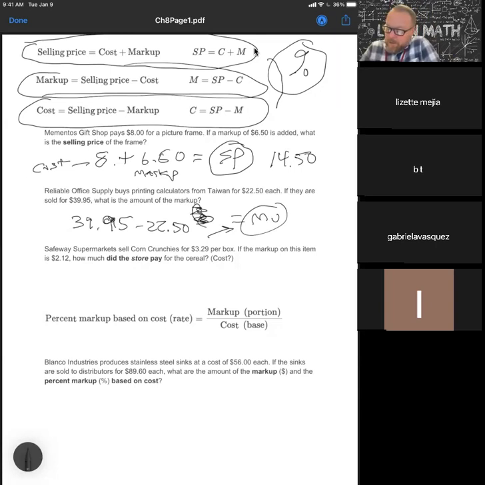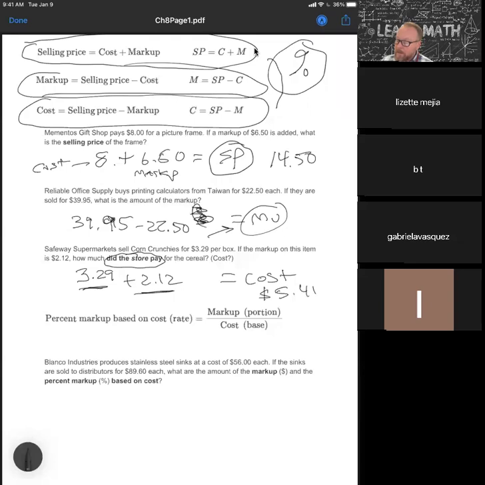Then the next question: Safeway Supermarket sells corn crunchies for $3.29 a box, and we're trying to find out how much the store paid for them. So now we're trying to find cost. If we look at the formula at the top, the selling price was $3.29 and the markup on the item was $2.12. I first added those two together, but wait, hold on a second.